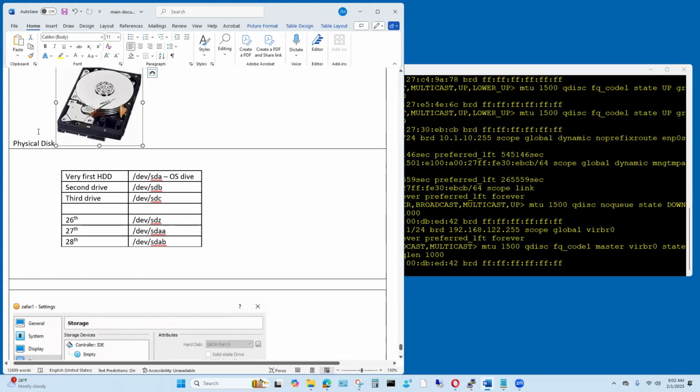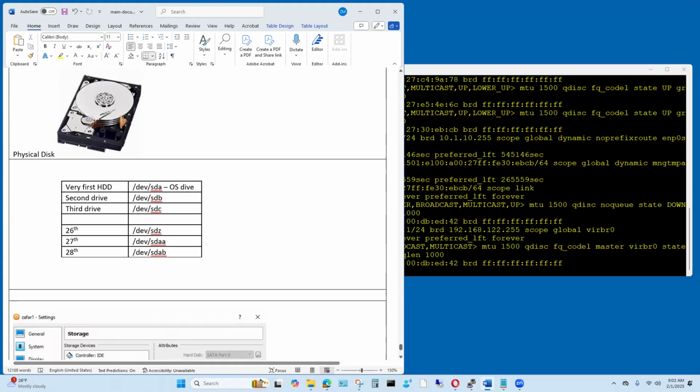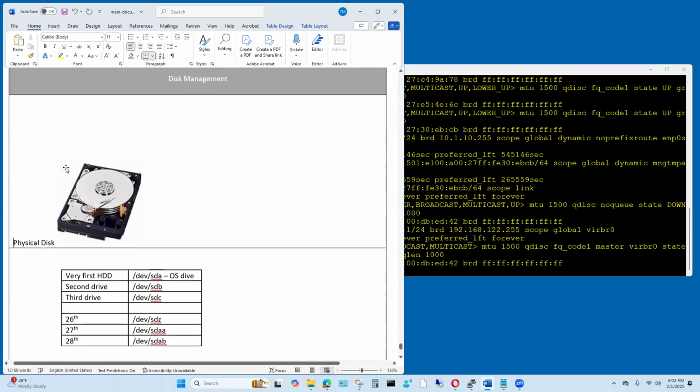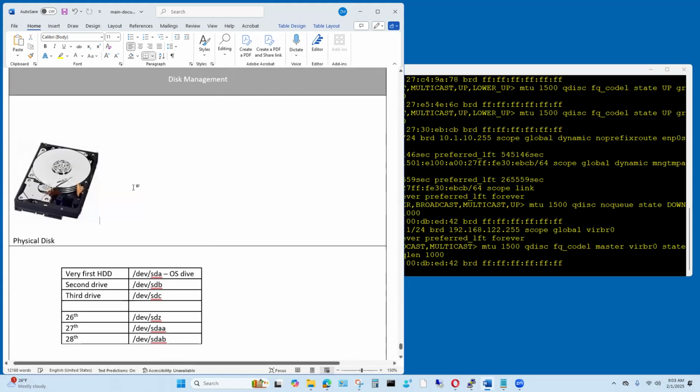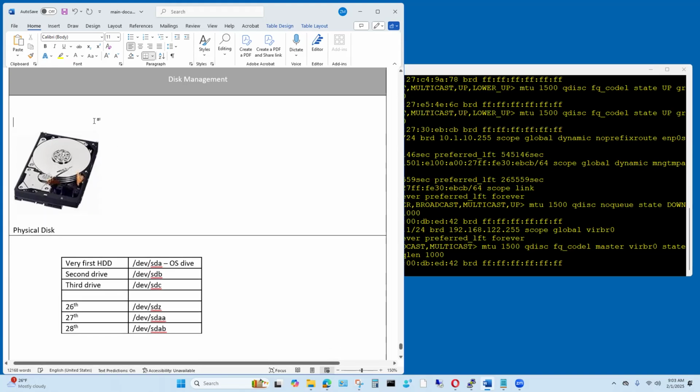Solid state is there, but companies are still using IDE, I think, because of the cost and some of the infrastructure changes. Companies are very slow to adapt to new technology.